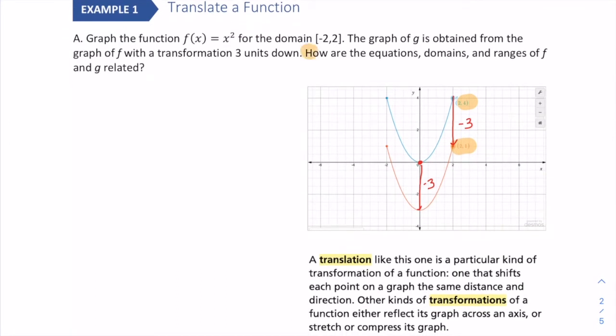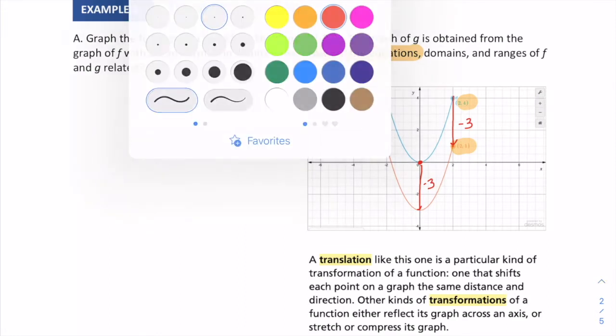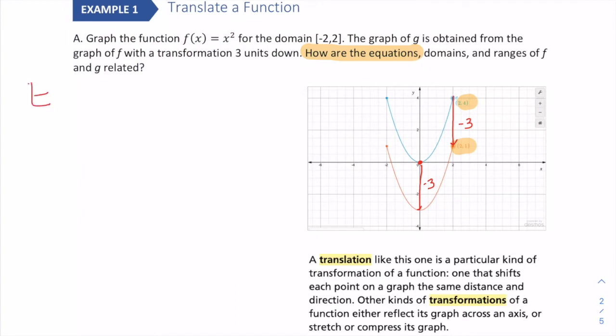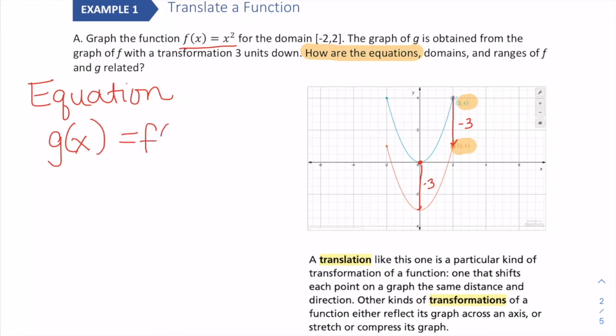So we know that f of x is the parent function, g of x is our new function. So let's write the new equation for g of x, since we already have the equation for f of x right here. So g of x is going to be the same graph as f of x, but everything is shifted down 3. So each of those coordinates went down 3.